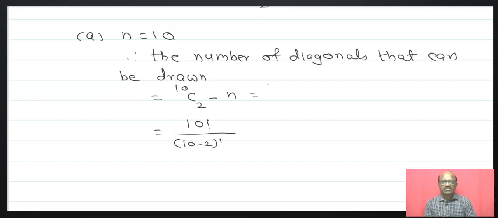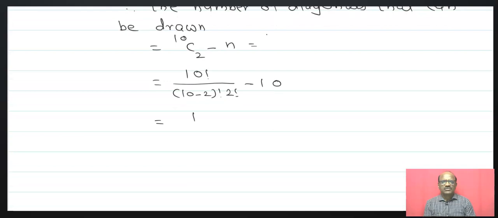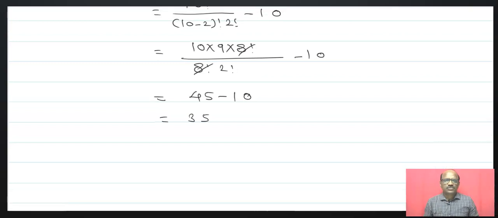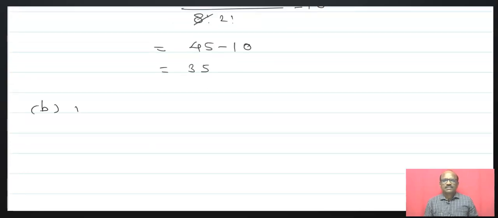That is 10 factorial upon (10 minus 2) factorial into 2 factorial, minus 10. That is equal to 35. Therefore, n is equal to 15.